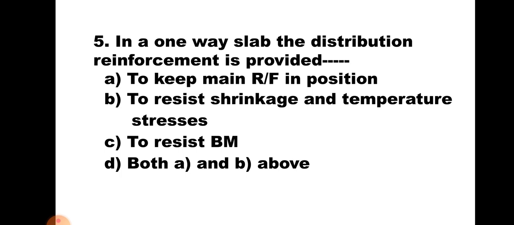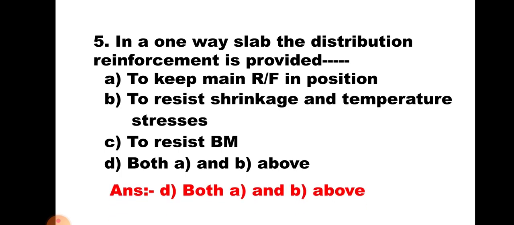First one is to keep main reinforcement in position, this is okay. To resist shrinkage and temperature stresses, this is also okay. To resist bending moment, this is not okay, because to resist bending moment, main reinforcement is provided. Hence the correct answer is D, both A and B above.